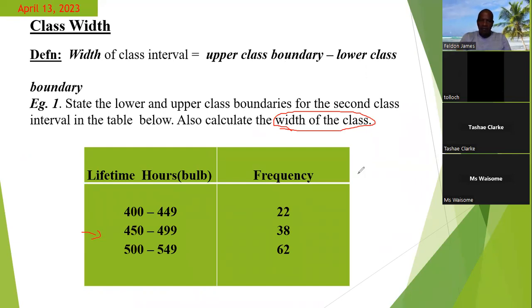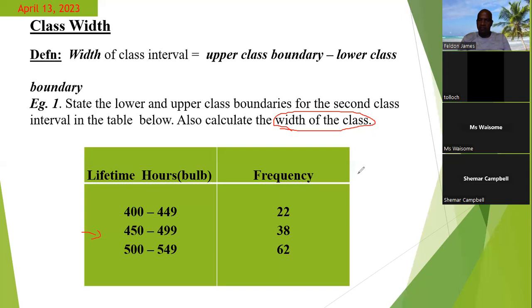Mr. Campbell, you want to tell us what you get for the boundary of the second class, the lower and upper boundary? For the lower class boundary for the second class, I got 449.5. What's the upper class boundary?